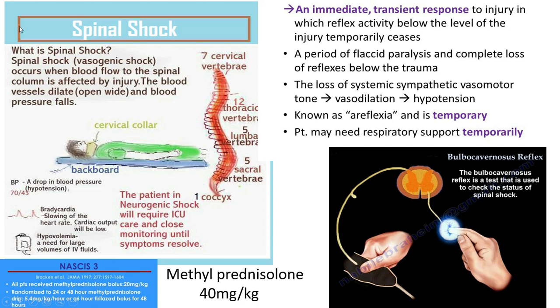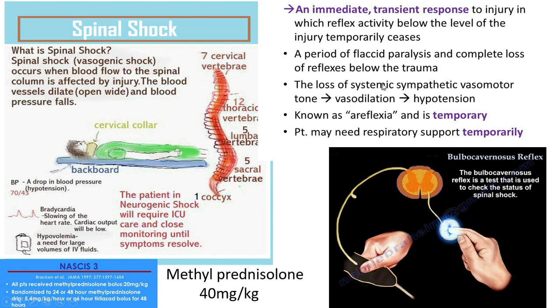But in spinal shock there will actually be no nerve palsy. Special nerve palsy will not occur. The patient will go into neurogenic shock. In that case, this is an immediate transient response to the injury which reflects activity below the level of the injury temporarily ceasing. There is a period of flaccid paralysis and complete loss of all reflexes below the trauma.